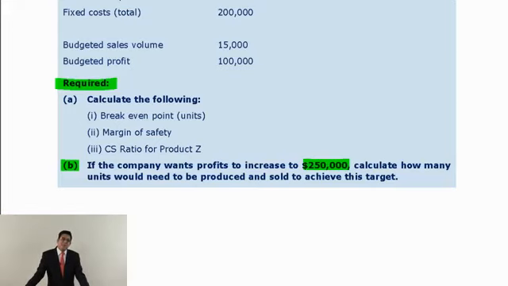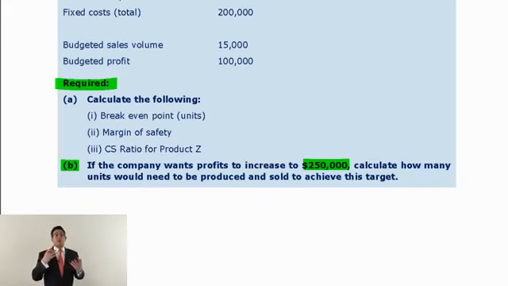A number of people actually read it in this way, that if the company wants to increase profits by $250,000, but it's not by $250,000. If the company wants to increase the profits to $250,000, calculate how many units would need to be produced. Meaning to say, break even is no profit, no loss.